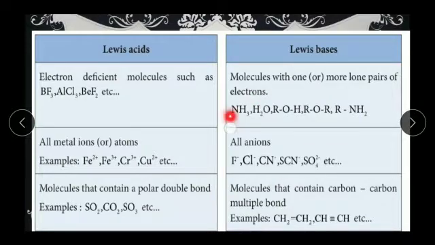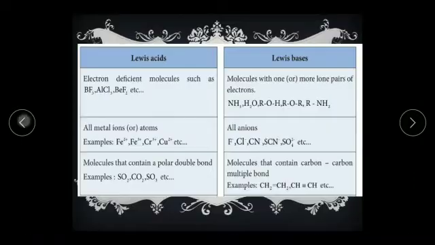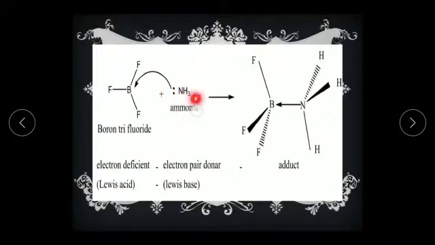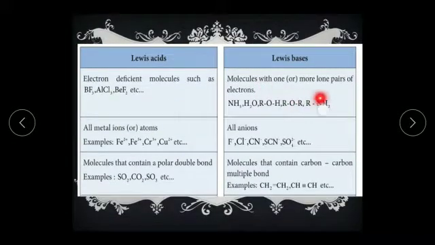We already saw the example of ammonia. Molecules with one or more lone pairs, like ammonia, water, ether, alcohol, and amino groups, all have at least one lone pair of electrons.